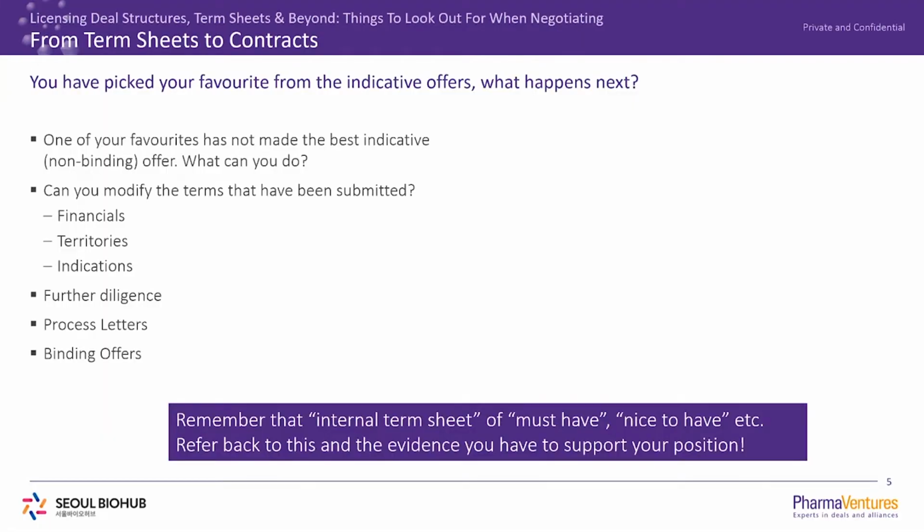Throughout this, remember you probably should have constructed that internal term sheet of what's acceptable, what's not acceptable to you as the licensor or the seller, and refer back to that, and also refer back to the evidence you have which substantiates and defends your position of value and therefore why you're justified in asking for what you're asking for, because they will be producing evidence to justify their bid, and if you can't defend your position, they're not going to change the numbers.